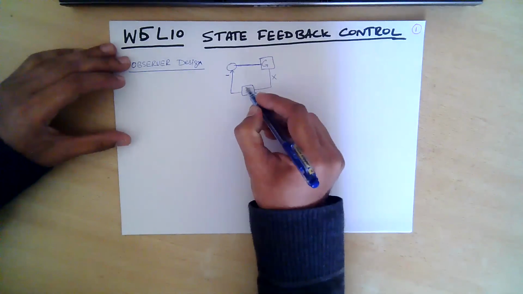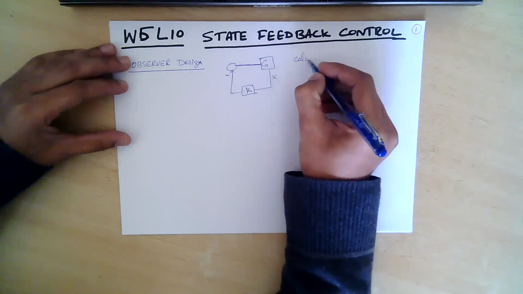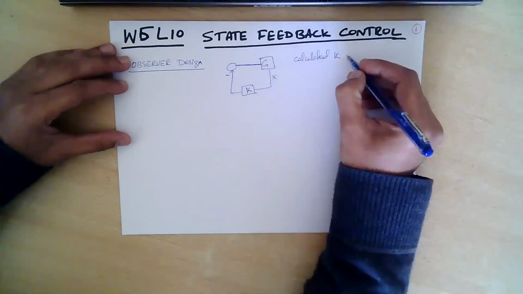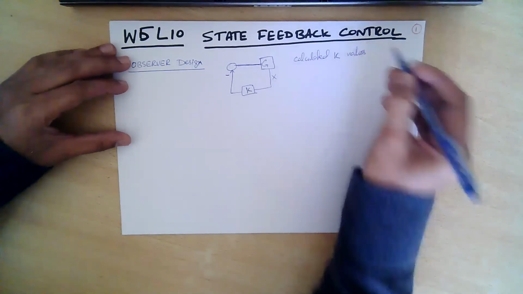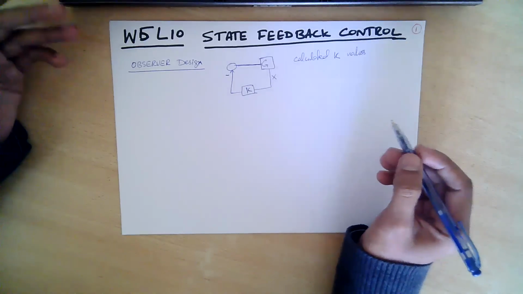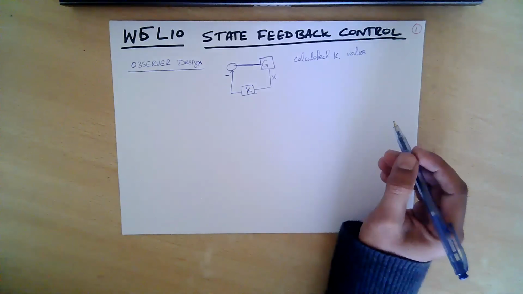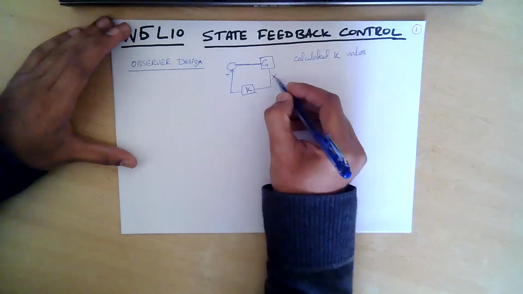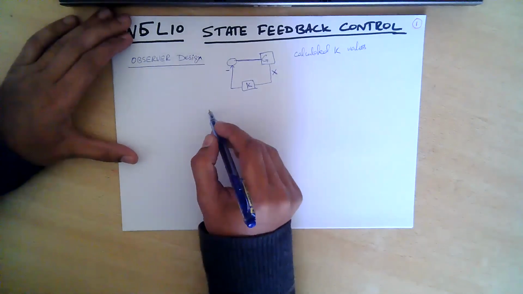We calculated the K values. K is a vector for a multi-state system, and then we calculated the values of the K in our previous lecture. Now, suppose we have a system and we don't have access to the states.